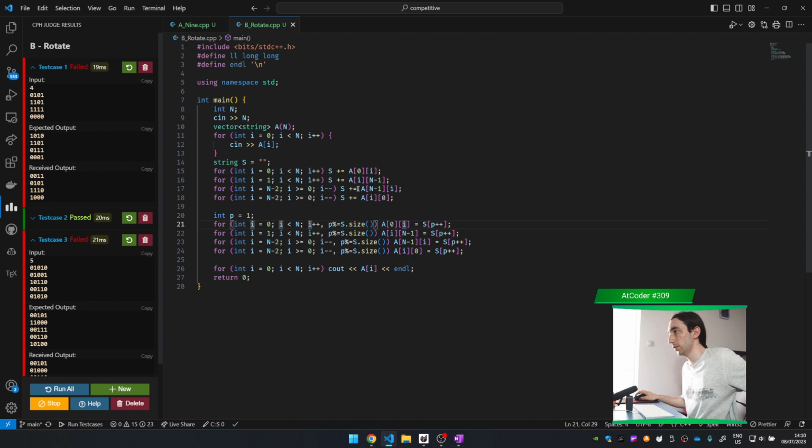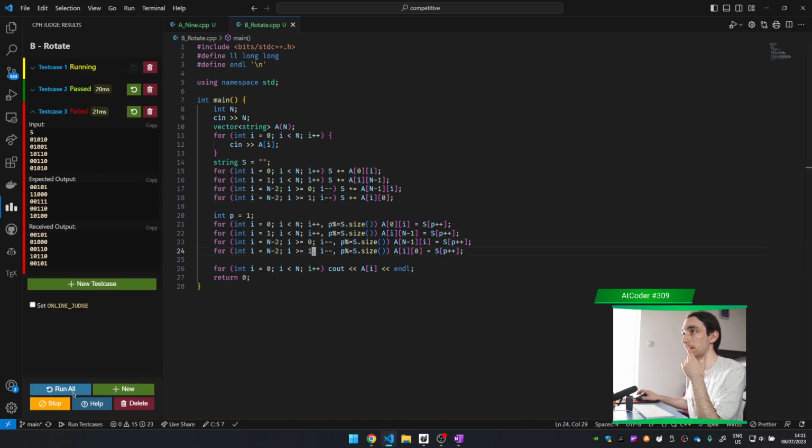These are the first row. This is the last column. That's correct. Then that is the last row, and then starting from n-2 till 0, and then starting from n-2 till 1 is this.